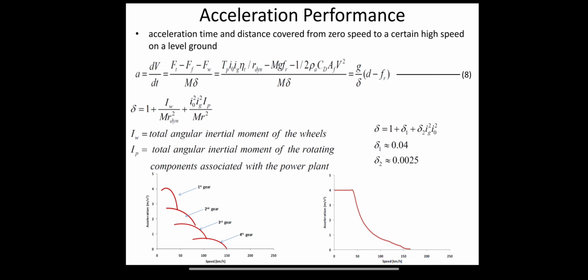On the left-hand side you can see the petrol engine, and the second figure is for the acceleration rate of the electric machine powered vehicle with a single gear. From equation 8, the acceleration time Ta and distance Sa from a lower speed v1 to a higher speed v2 can be expressed here.